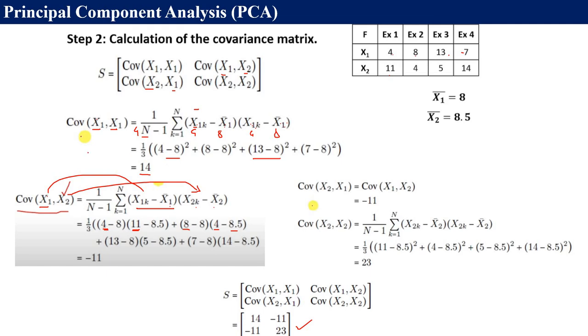For x2 it is x2 minus x2 bar, x2 minus x2 bar, and for the cross term x2 minus x2 bar times x1 minus x1 bar, divided by n minus 1. So we have to find the covariance matrix like this.